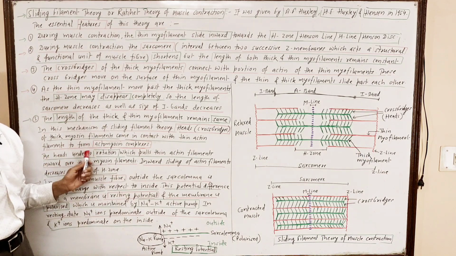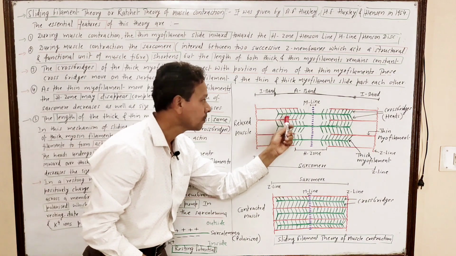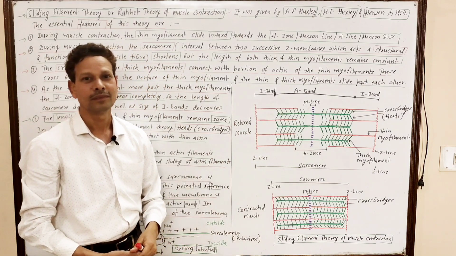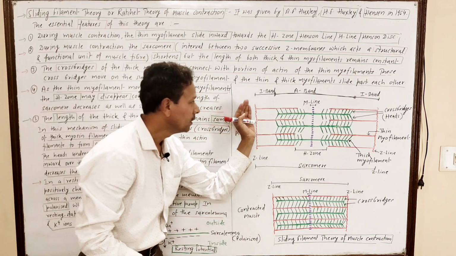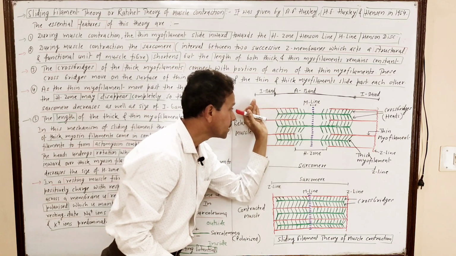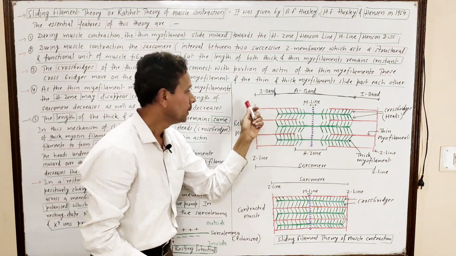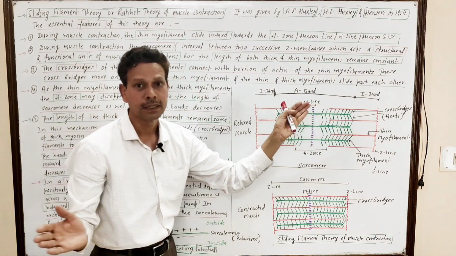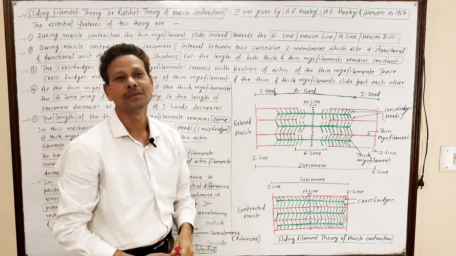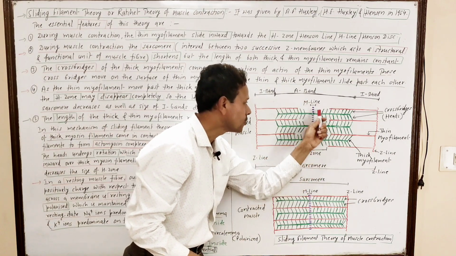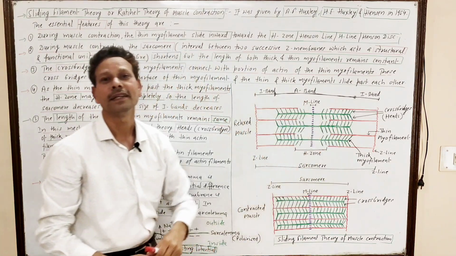The cross bridges or heads undergo rotation. As a result, these cross bridges pull the thin myofilaments towards the H zone, and the H zone may disappear completely.